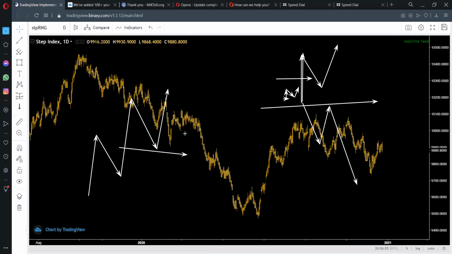And let me give you one thing. If the market is in uptrend on the higher time frame, the retracement from the higher time frame will give us a downtrend on the lower time frame. Let's say the market is uptrend on the daily time frame.